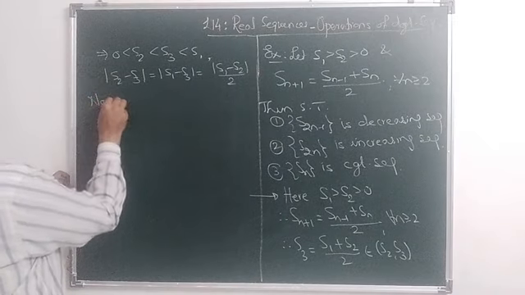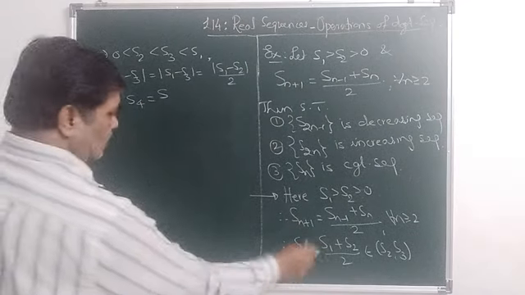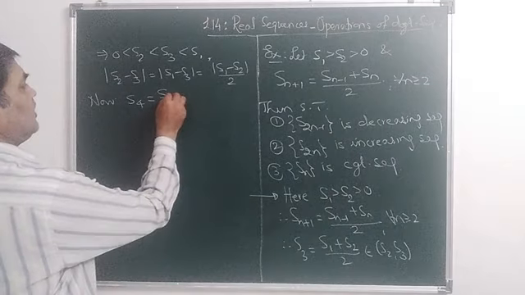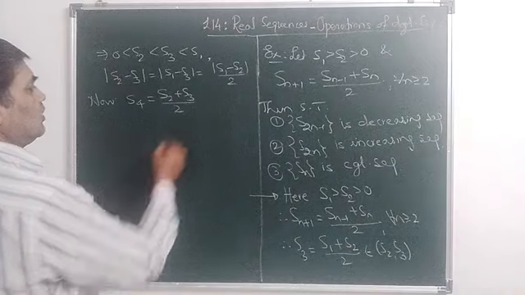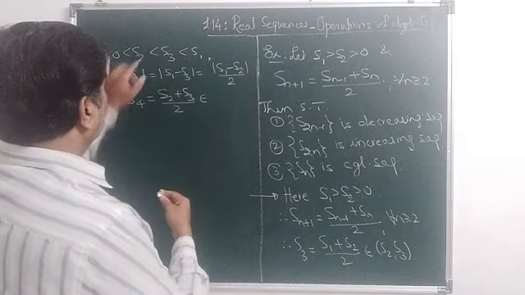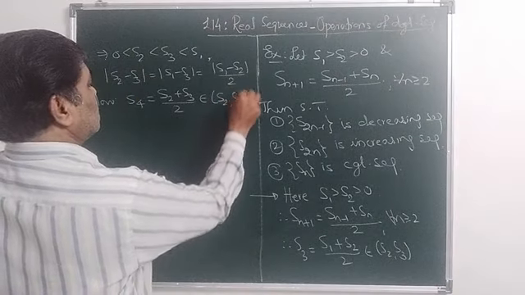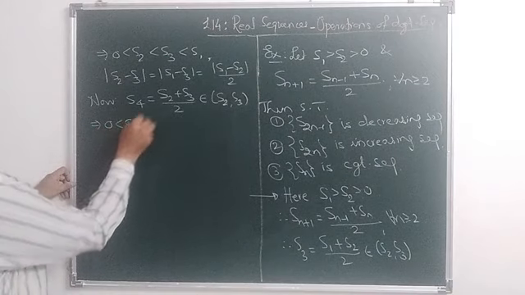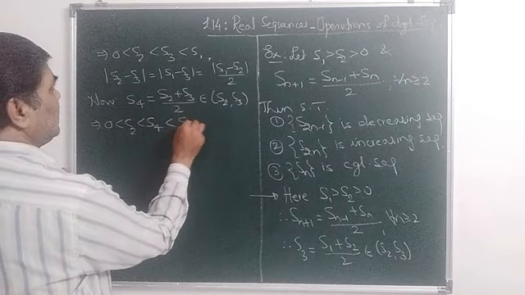Now S4 is equal to the previous two terms' sum, meaning (S2 + S3)/2, which belongs to the interval S2 S3. Which implies 0 less than S2 less than S4 less than S3 less than S1.